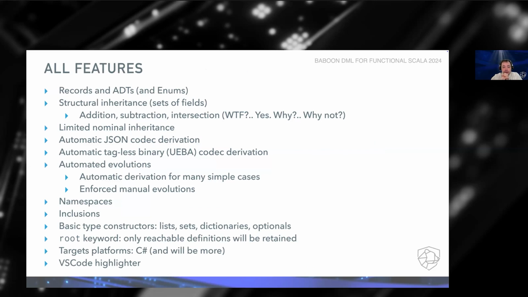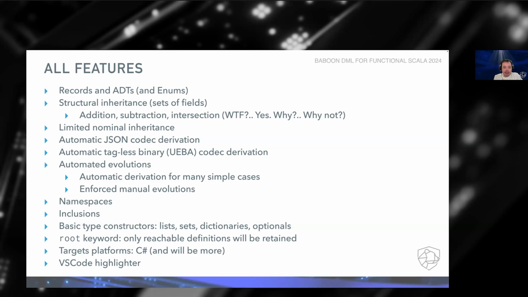The Baboon language supports records, algebraic data types, and enums. It considers records to be sets of fields and supports structural inheritance with all the set operations, including intersections. Also, it supports a very limited version of nominal inheritance. It can automatically derive JSON codecs and binary codecs for a custom format we call UIBA.